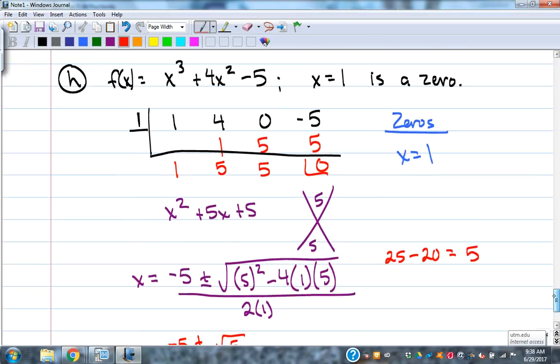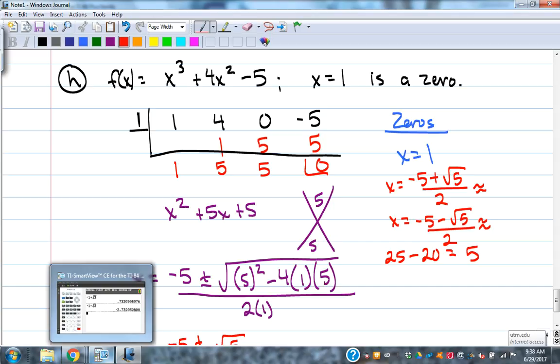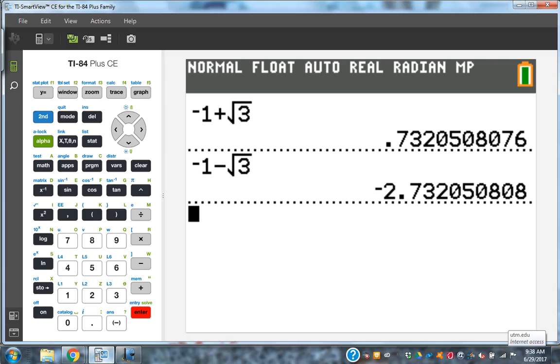I get two answers. I get x equals negative 5 plus the square root of 5 over 2, and x equals negative 5 minus the square root of 5 over 2. I'm going to go ahead and get the decimal approximation for those, because I can, and it's helpful if I have to know something about a graph later on.